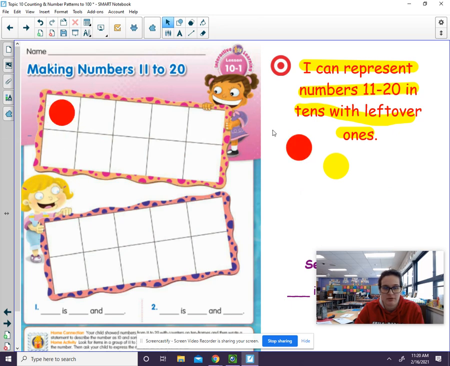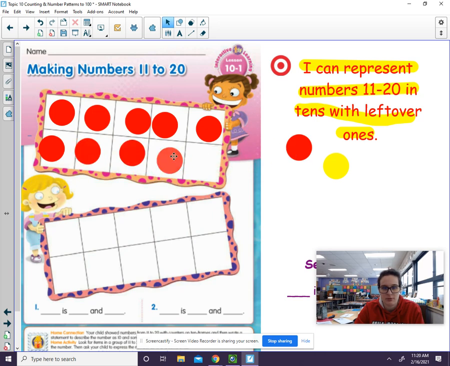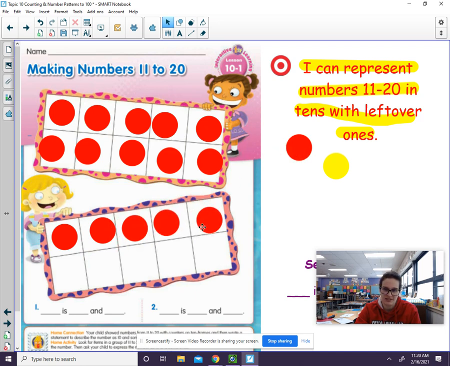So we have to fill one 10 frame fully, right? So I'm just going to go ahead and fill her 10 frame right away, because once this is full, we know it is 10. Now we need to get to 15. So it'd be 11, 12, 13, 14, 15.